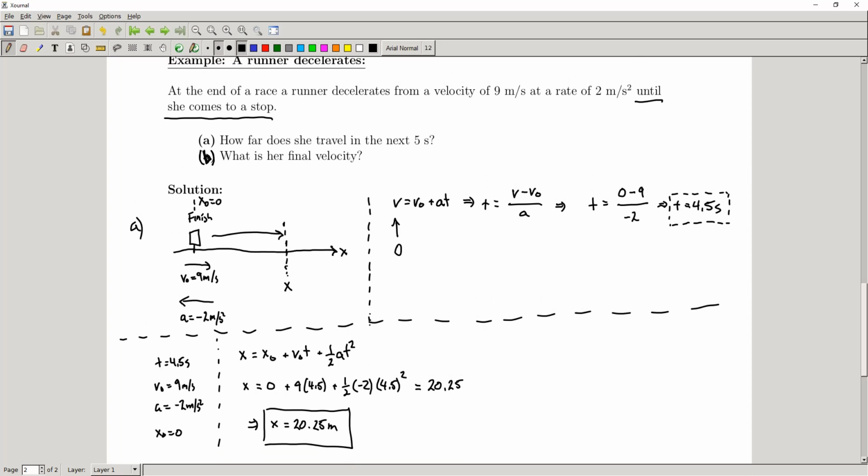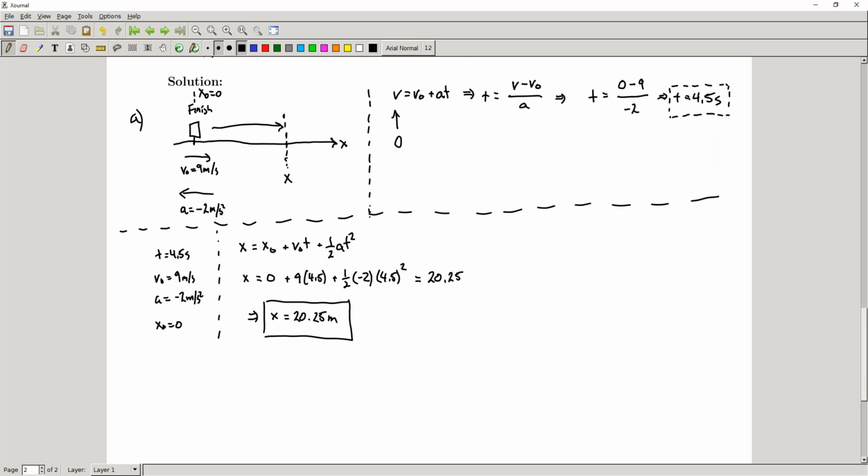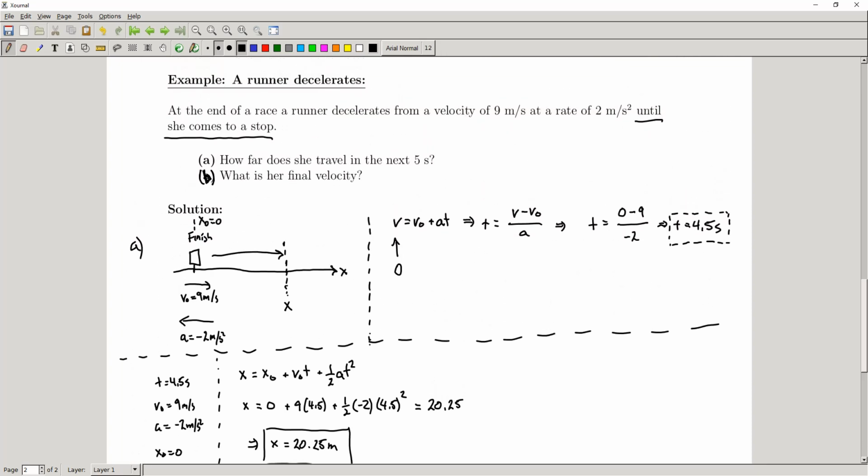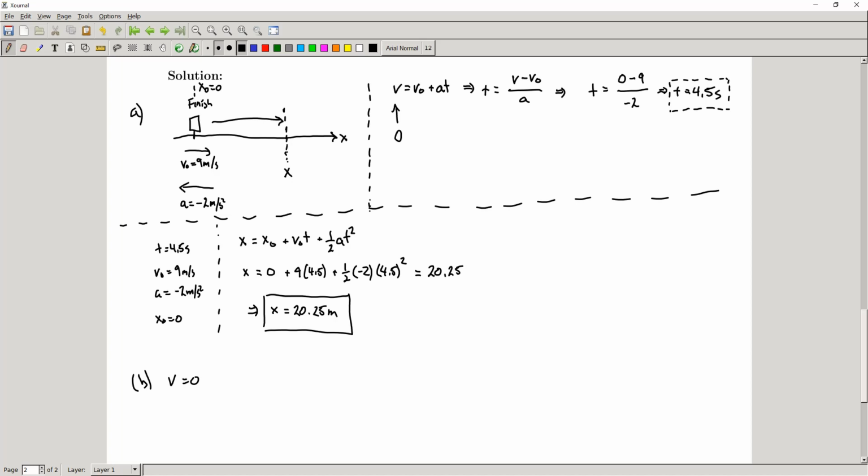Because she would have decelerated and come to a stop at 4.5 seconds and then started going back up the track. But because we did it carefully, we're going to see that in part B, we know that her final velocity v is just 0, right? She stopped at 4.5 seconds and she didn't start going again. And so that's the solution to that problem.